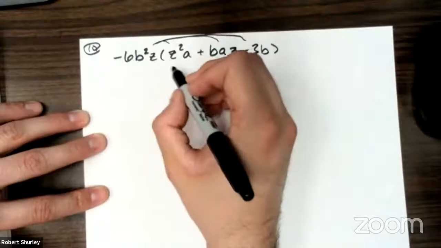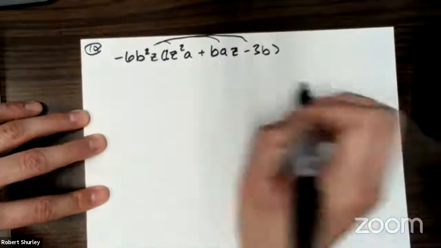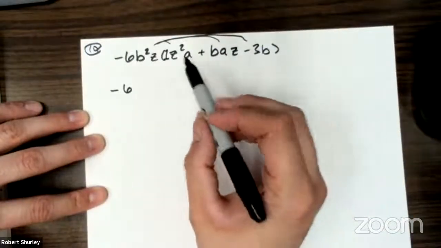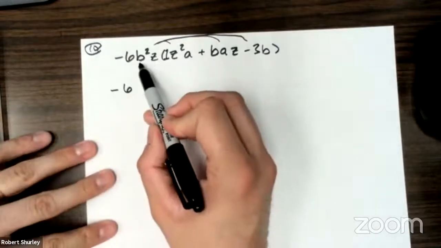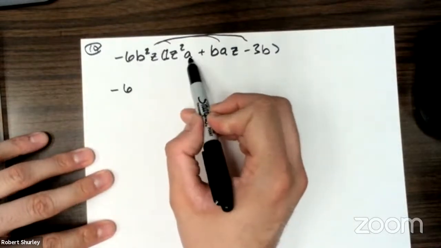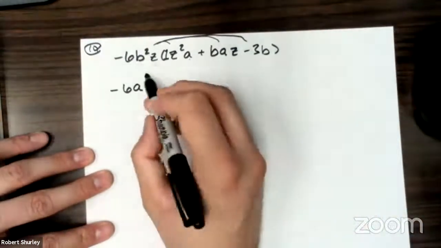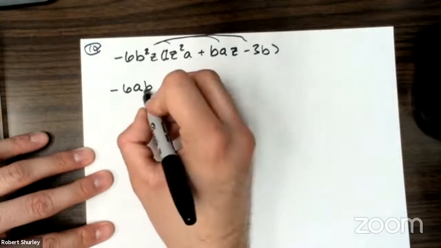Negative 6. Now, really, if there's not a number in front, remember there's a 1 here. We just don't write it. So this winds up being negative 6. I'm going to write these alphabetically. It's bothering me that they're not alphabetically. So if we notice here, we've got a b squared z and a z squared a. Well, there's a single a, so I'm going to write that first. There's no b's except this b squared.